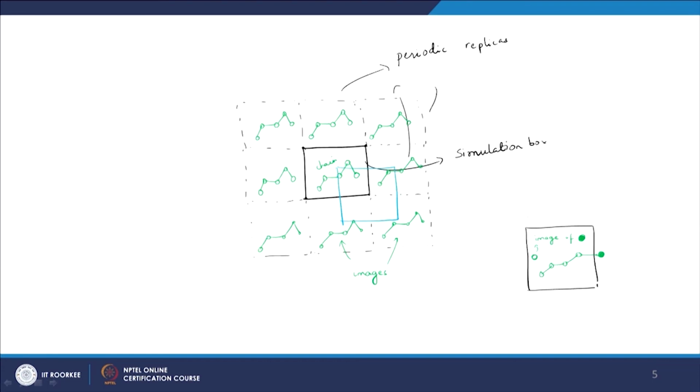This is equivalently a simulation box, because again we will have the polymer chain and its replicas. Everywhere I place this simulation box in the volume, as long as the volume is being held fixed, I am actually modeling the same system. Okay. And this is the whole essence of periodic boundary condition, this is the way it helps you model an infinite system, and this is the one that is most commonly employed in all Monte Carlo simulations.